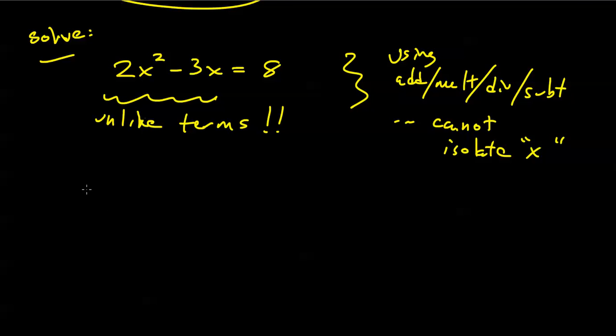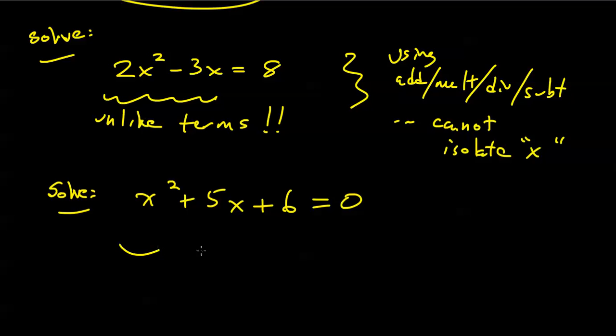Let me pose to you another question. I'll give you a very simple degree 2 equation. Alright, so we've got a degree 2 term, a degree 1 term, a degree 0 term, added up and equaling 0. So we've got a trinomial expression equaling 0.